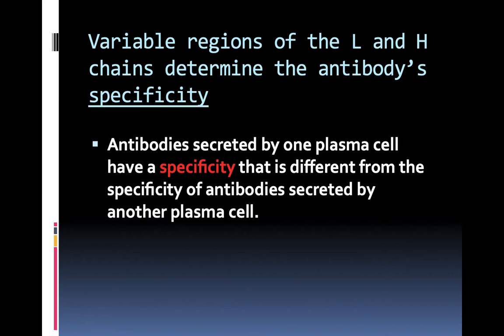So if you have two different B lymphocytes that have B cell receptors with membrane-bound antibodies capable of recognizing different antigens, you expect that as they mature, these two plasma cells will produce antibodies of varying variability, because these two plasma cells will have antibodies that will recognize different antigens.